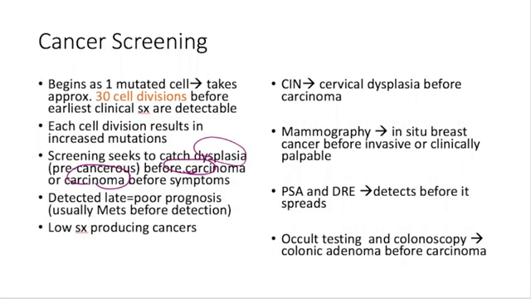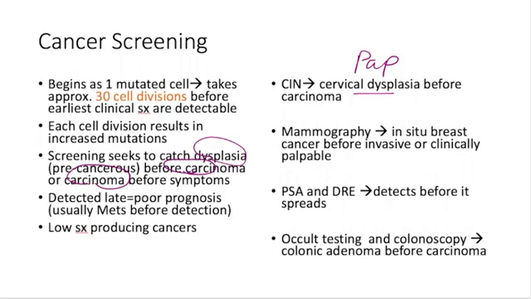So here's an example of the cancer screening. When we're doing a pap smear, we're looking at cervical intraepithelial neoplasia. And that is basically cervical dysplasia before carcinoma, and that's what your pap smear is for. Mammography, we're looking for in situ breast cancer before invasive or clinically palpable. PSA, and this is a digital rectal exam, is to detect prostate cancer before it spreads.